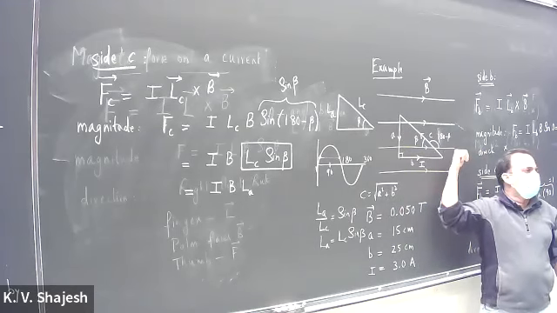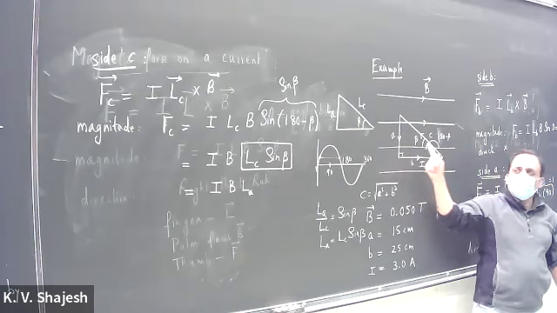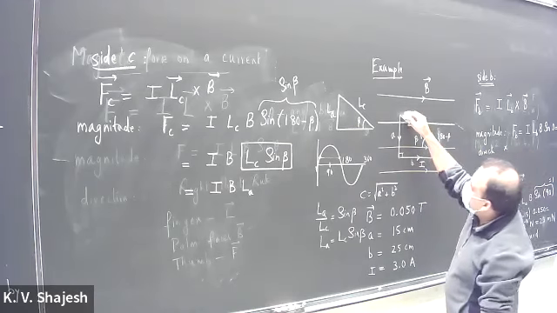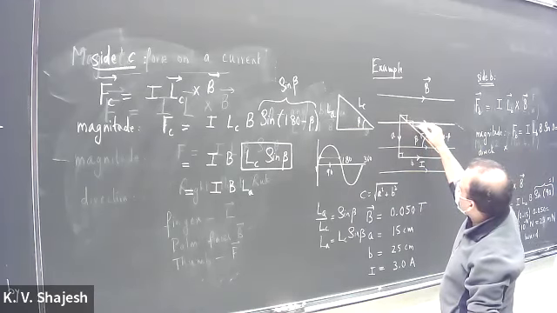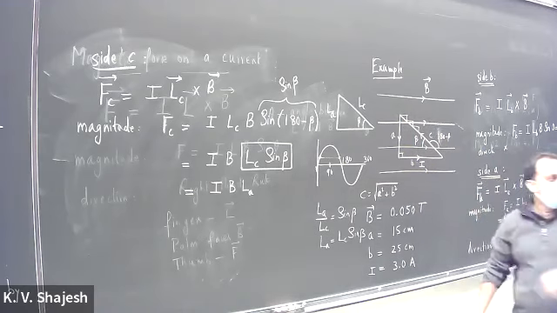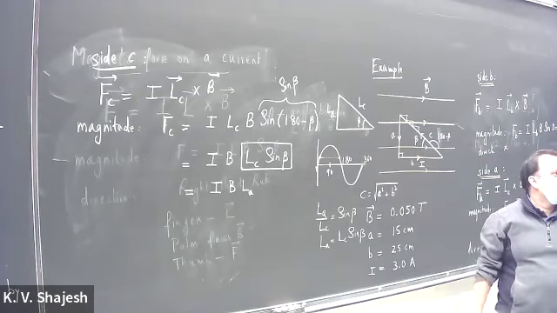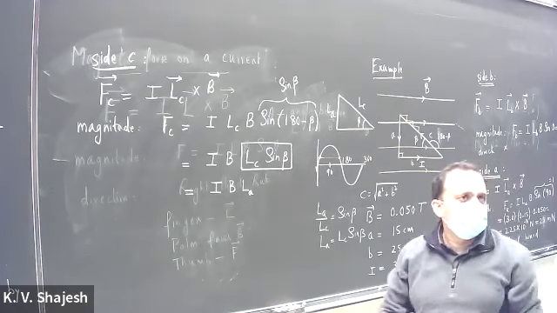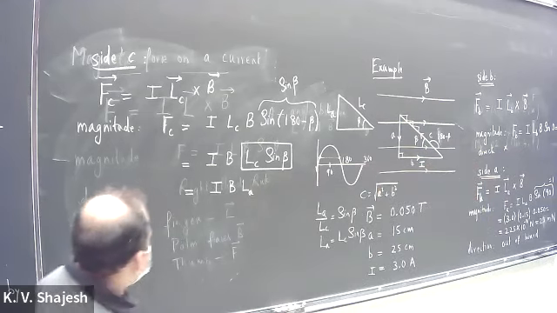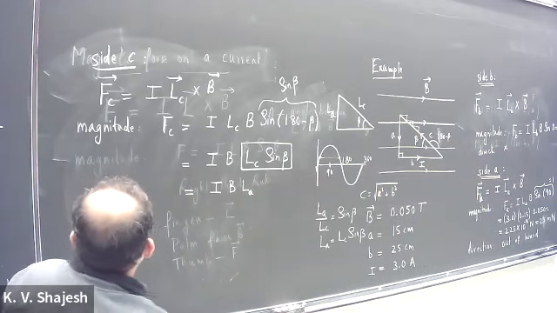Anything that is parallel to the magnetic field does not contribute because that force is 0. So break this line into tiny vertical and horizontal pieces. All the vertical pieces contribute, all the horizontal pieces go to 0. So overall, it is just the side A. The projection of the length perpendicular to the magnetic field is what contributes.